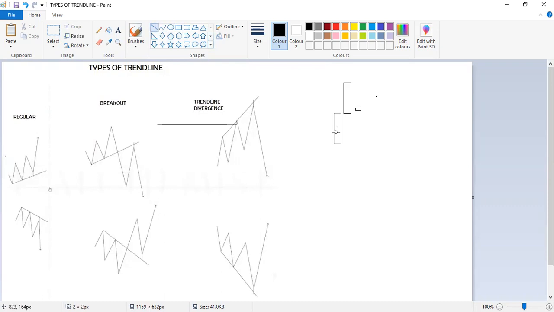Then another price moves higher to take it out. So a withdrawal back inside this will give you a good sell. So we want to see this happening.